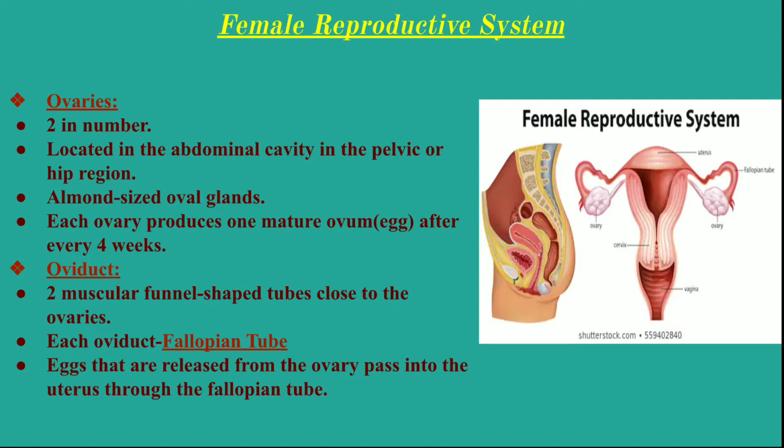When the ovum, that is the egg, is released by the ovary, these fallopian tubes take the egg inside and transport it into the uterus.